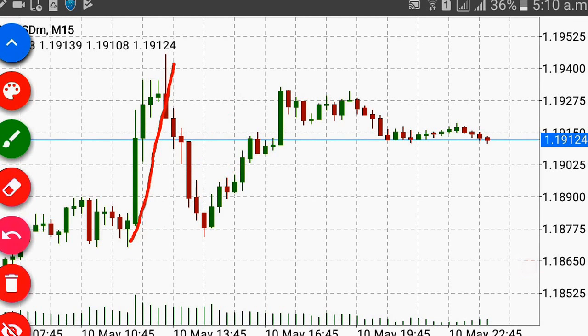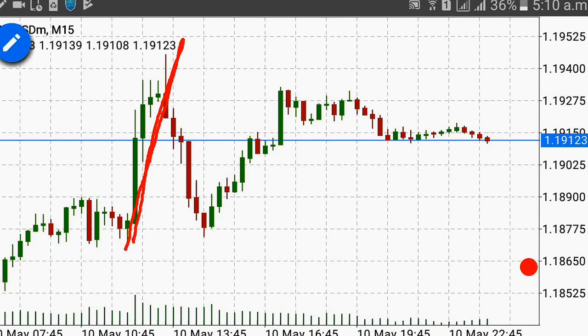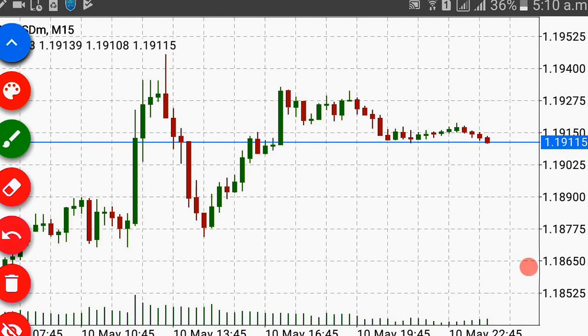Let me remove it. So if you look here, this is the perfect example of the type 1 angle or a 70-degree angle. When a market is moving above this angle, I consider it a sharp buying trend. I hope you got my point.